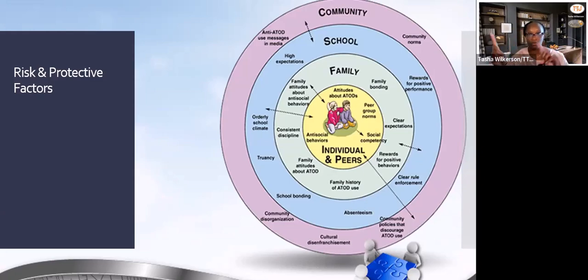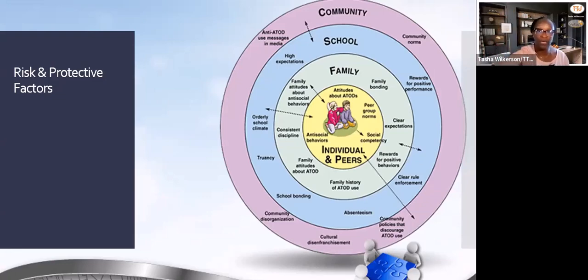You see how the arrows go across, and then in purple is community, but then we break down to the individual and the peers. They're in the same little sphere, the same domain. That means the individual as well as their peers have attitudes about ATODs, antisocial behaviors, social competency, and peer group norms. The attitudes about ATODs could be positive, and that would be a risk factor.